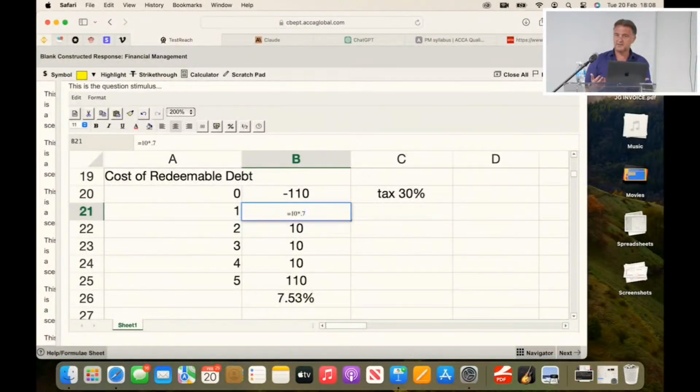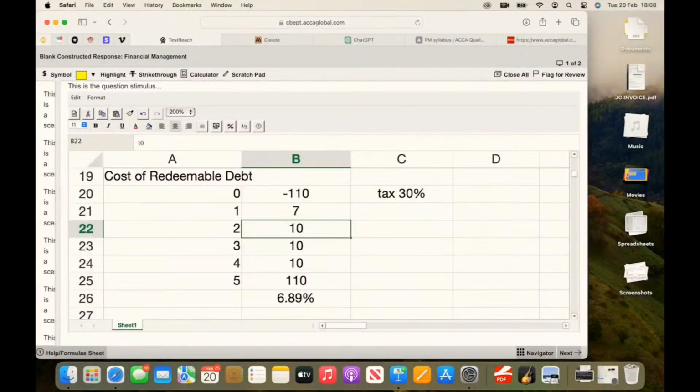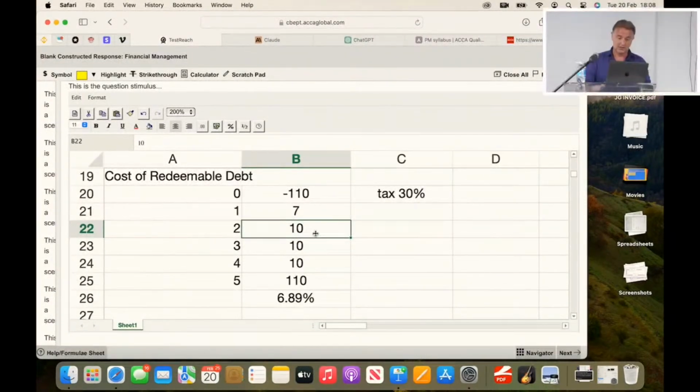Where did I get 70% from? 100 minus 30. So you put in your original 10 and times it by 70%. Why 70%? Because tax is 30%. Your tax bill is coming down by 30%, so it doesn't cost you as much, because you've got interest payment going through your tax return. So you just do the 7 all the way down.